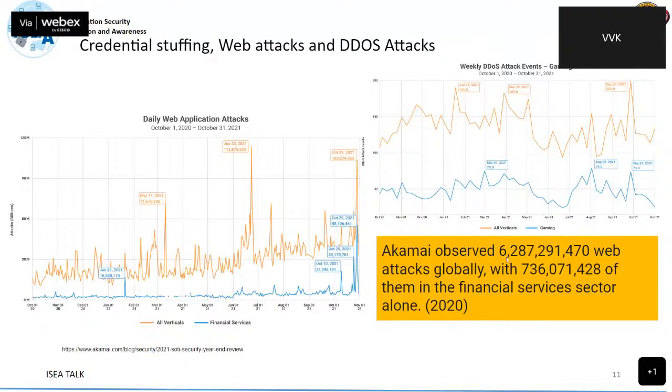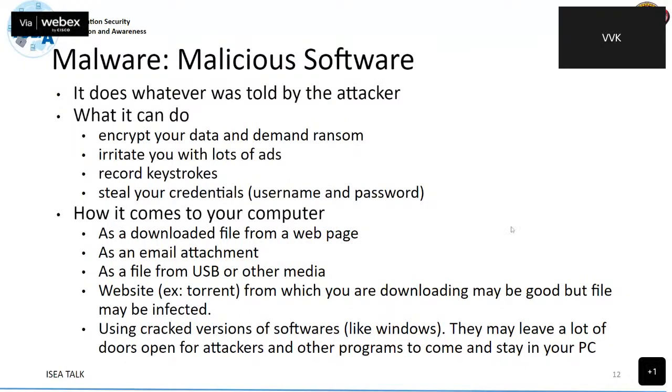Akamai observed 628,729,147 web attacks globally. Of them, 736,071,428 attacks were only in the financial services sector. And this number has grown in the 2022 report that they have recently published.